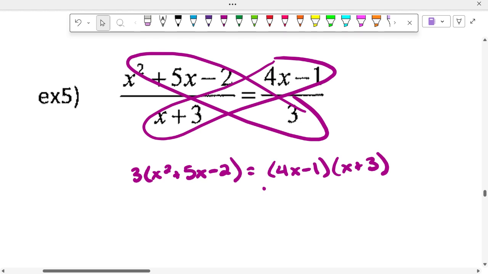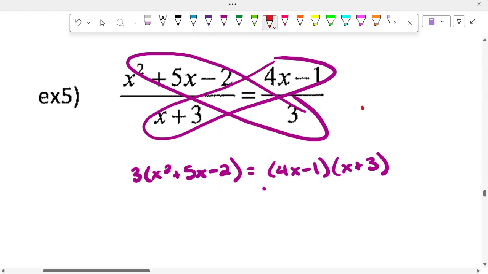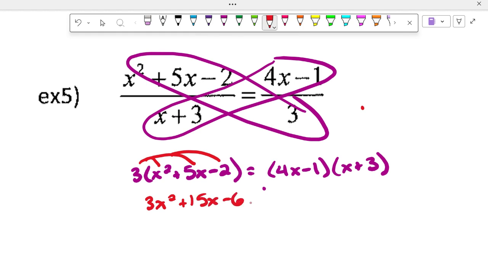So I need to distribute the left side, FOIL the right side. I distribute that, I get 3x squared plus 15x minus 6. And I know that y'all are fully capable of foiling or box methoding, so I'm just going to work it out really quickly.